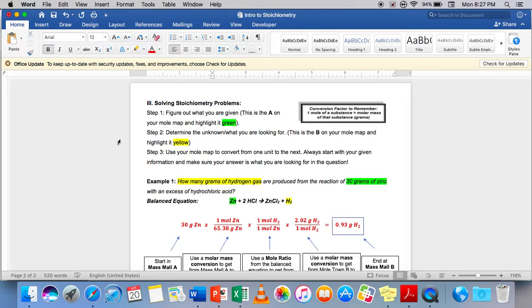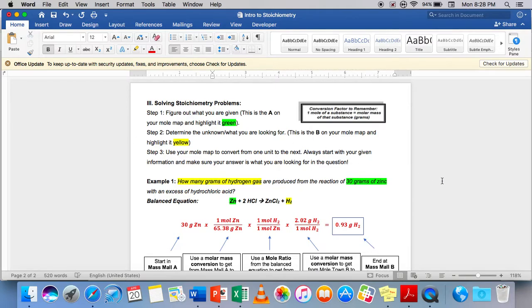So green for the start, and yellow is where you're going. Once you've identified that, you're going to use your mole map to convert from one unit to the next. You are always going to start with your given information and make sure your answer is what you are looking for. So if it says how many grams, make sure your final answer ends in grams.